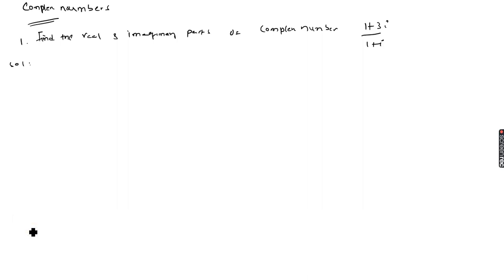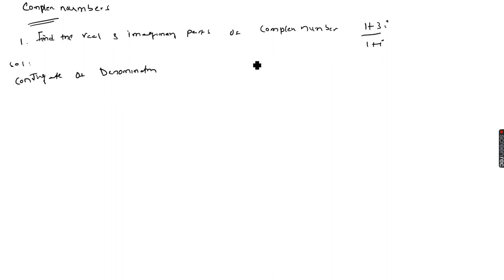So here the question is: find the real and imaginary parts of the complex number (1 plus 3i) by (1 plus i). So first we take the conjugate of the denominator. Here what is the conjugate?